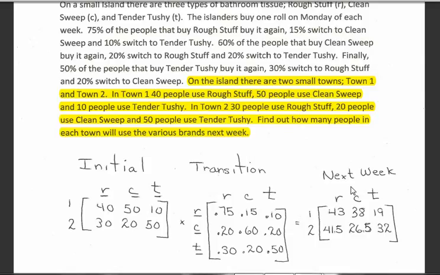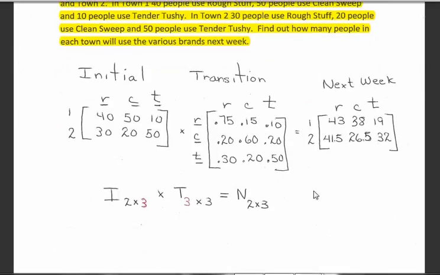Now, we've got to look at how this works and why it works. First thing to notice, the initial matrix, I've used an I for it, is 2 by 3. The transition matrix is 3 by 3. And again, these column names match these row names.